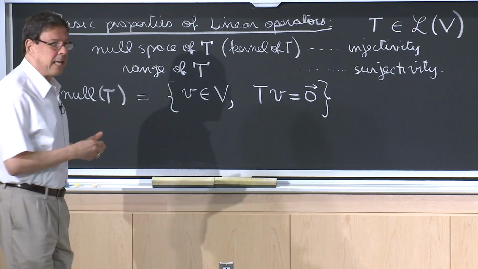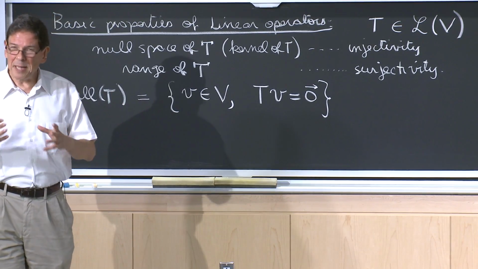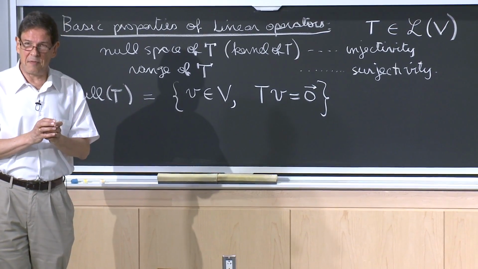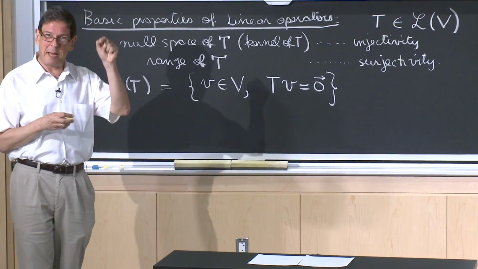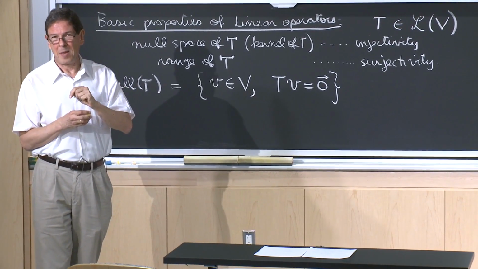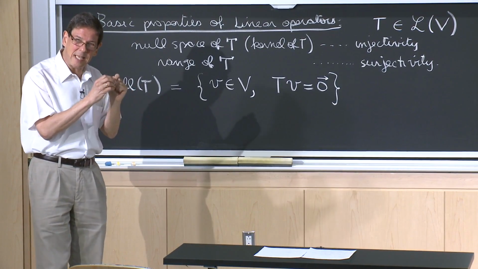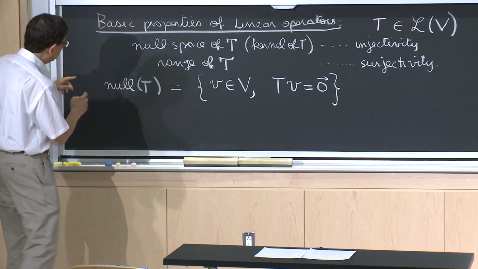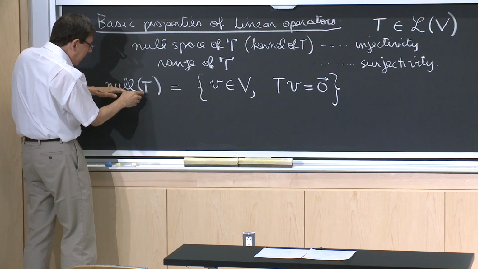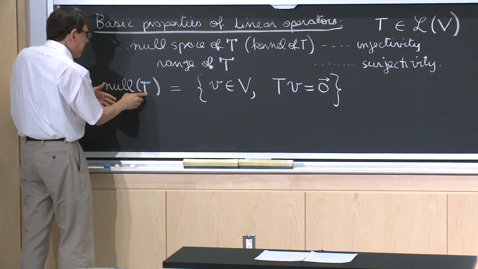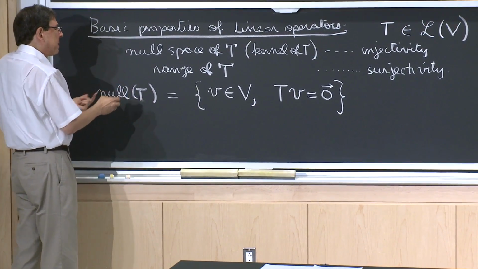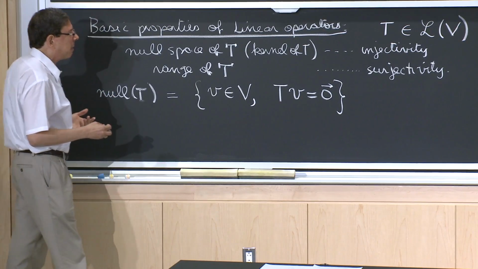Now, what is null T? Well, it's a set of vectors, but in fact it's more than a set of vectors. It's a subspace of V. So it's a vector space itself. So why is it really a subspace?